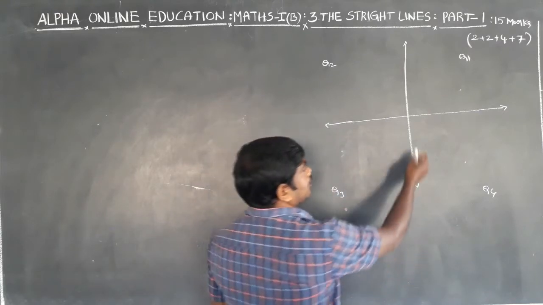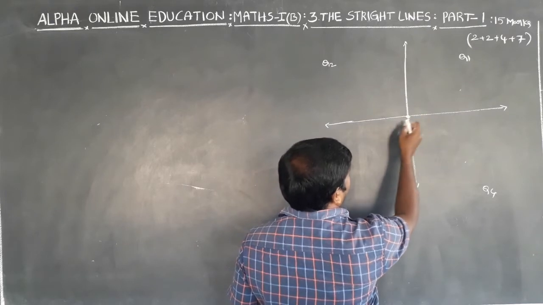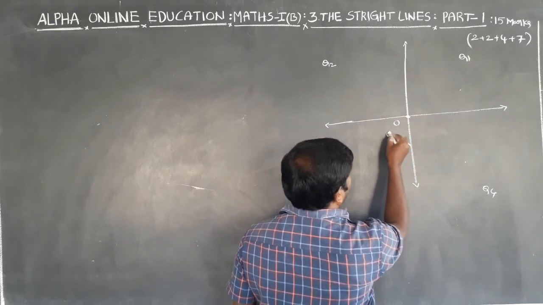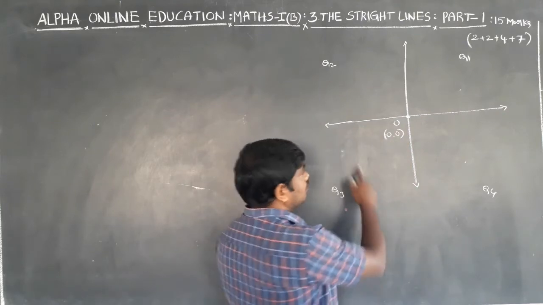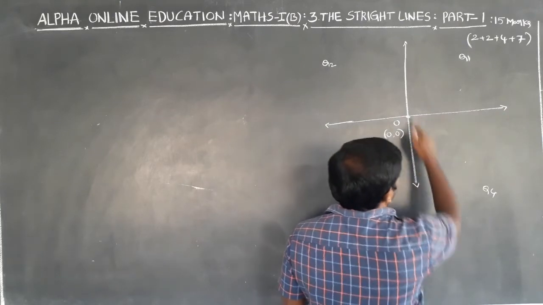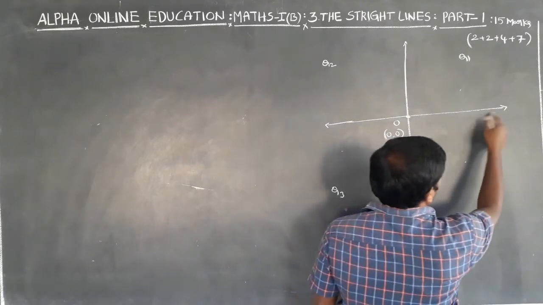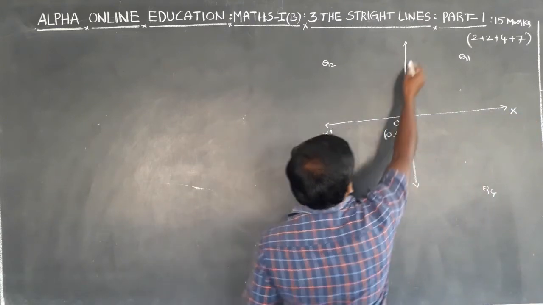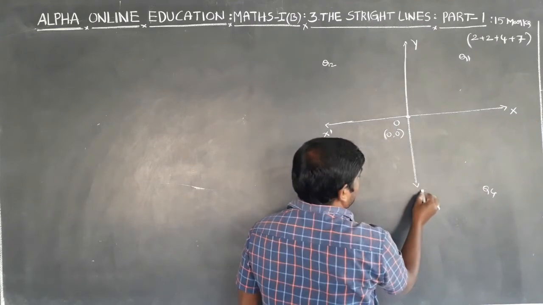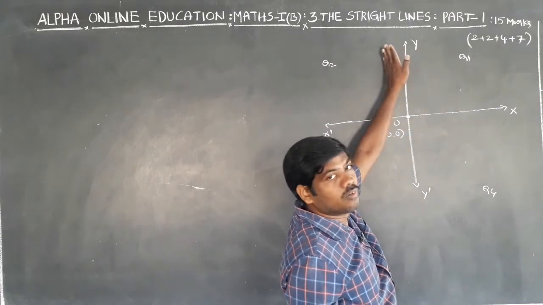The point of intersection of the two perpendicular lines is taken as the origin. This is the horizontal line and this is the vertical line. The horizontal line is taken as the x-axis and the vertical line as the y-axis.